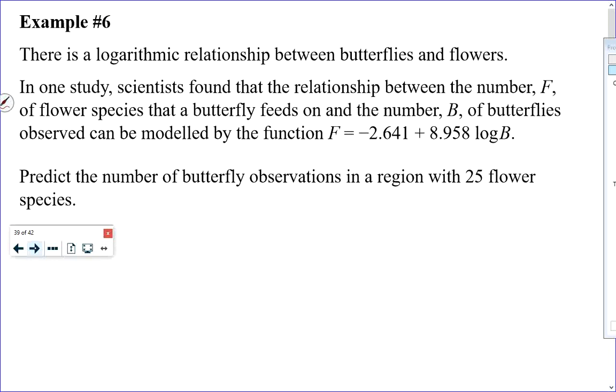The number of flower species is equal to negative 2.641 plus 8.958 times the common logarithm, the base 10 logarithm, of how many butterflies there are. How many butterfly observations are there with 25 flower species? So we're going to solve this in a second, but this is the equation you're asked to solve.